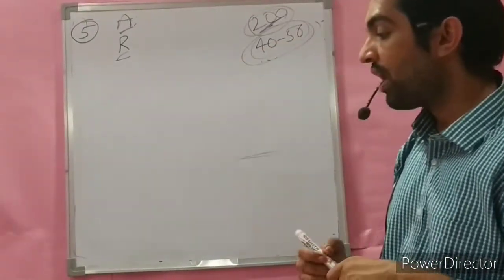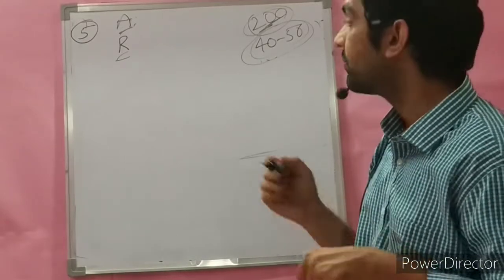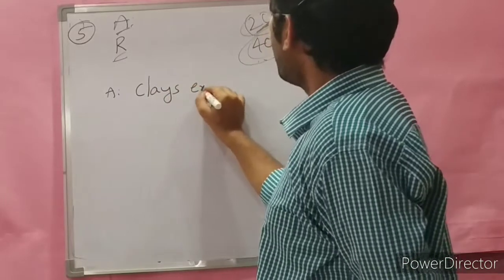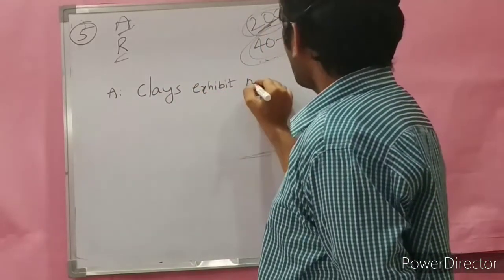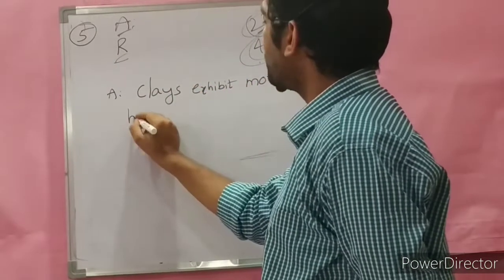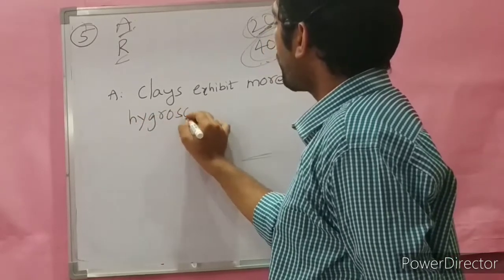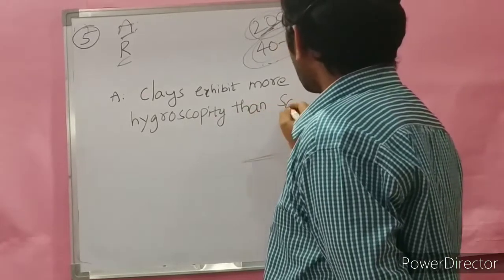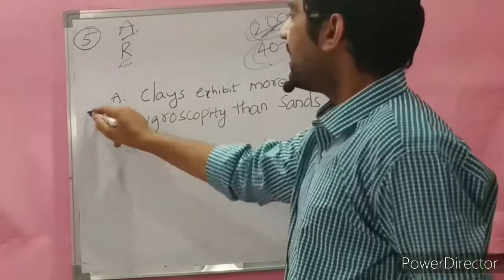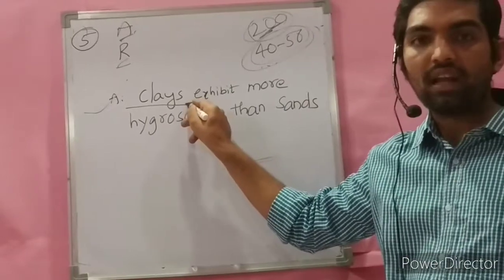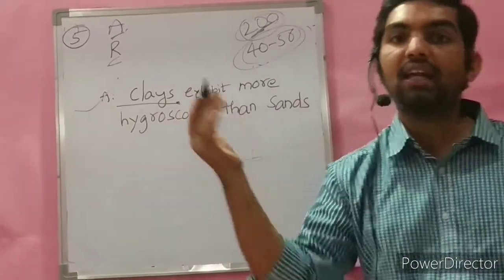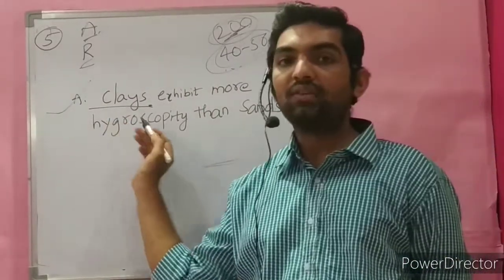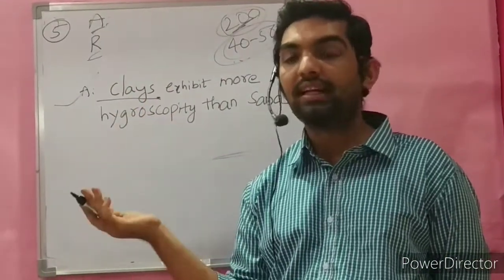Assertion: clays exhibit more hygroscopicity than sands. Yes, this is true because clay is an example of fine-grained soil. Fine-grained soils have a negative charge due to the environment, as we studied.